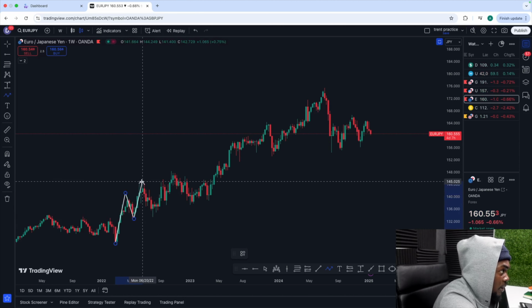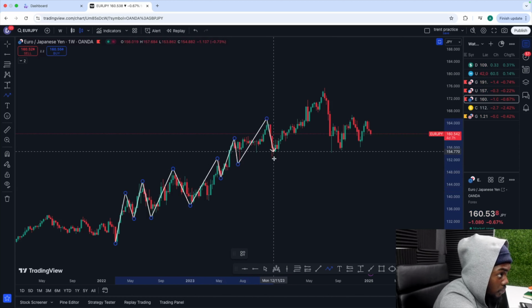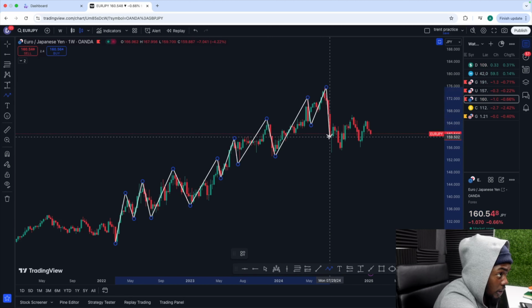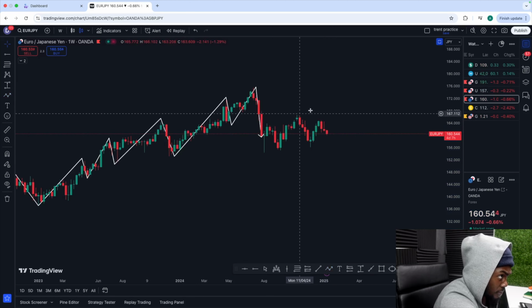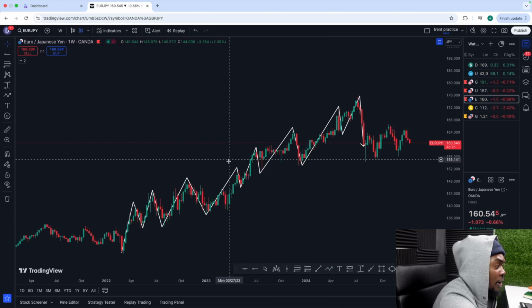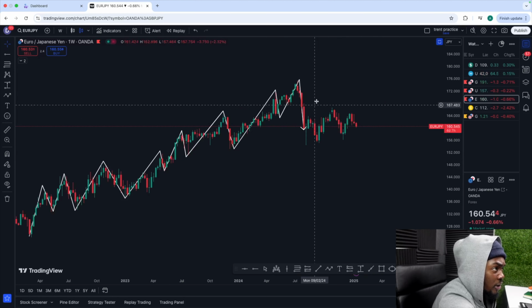And the market has been consistently making higher highs and higher lows. Right? So the market is currently in an uptrend on a higher time frame, on a bigger scale. The market is in an uptrend.